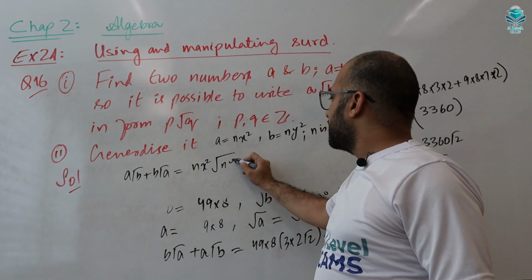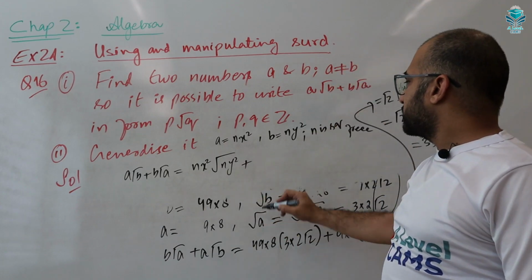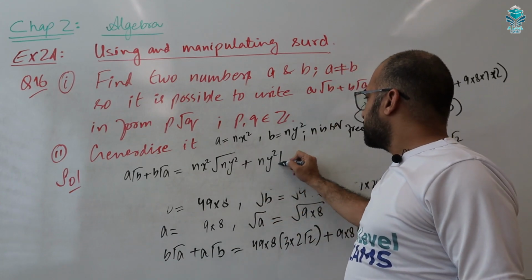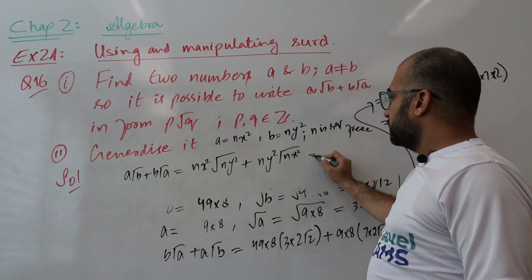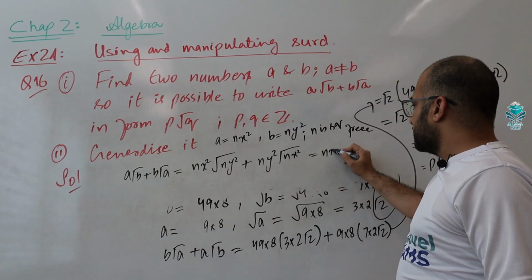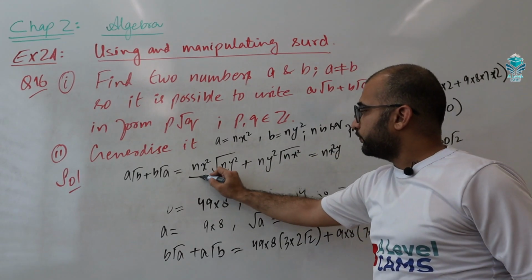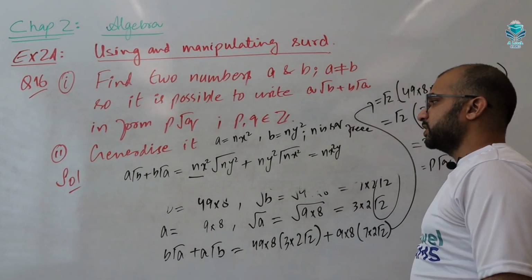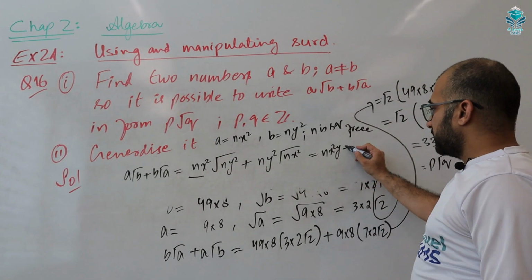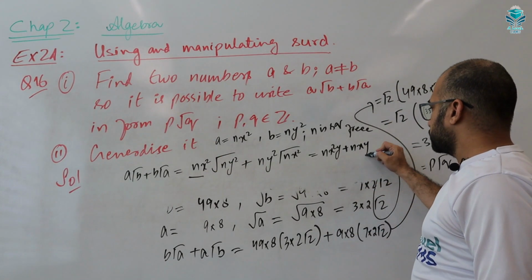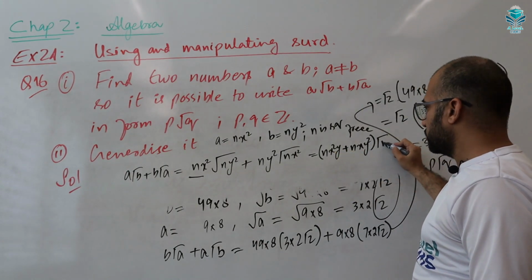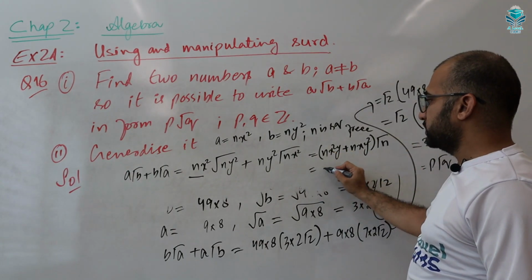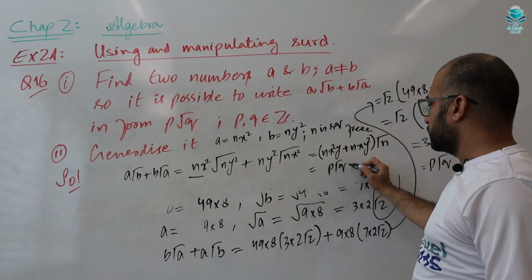What is b? n y square. So you can write n x square y outside the square root, plus n x y square, and you have the common square root n. So it is in the form p square root n.